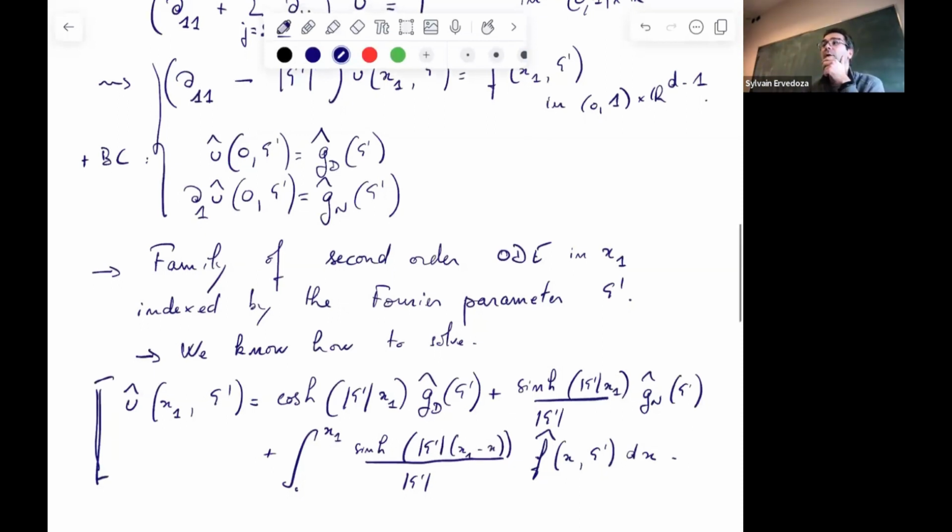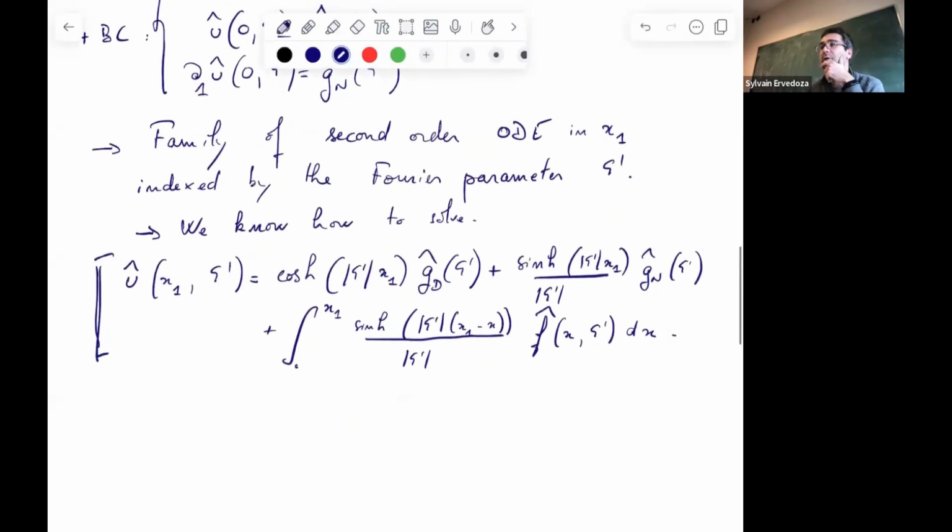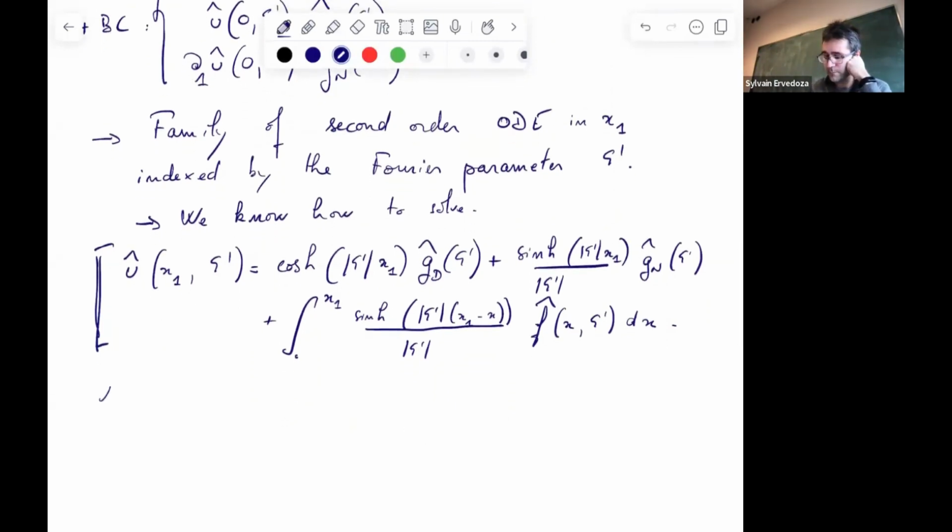Okay. So basically, you see, given f, so given the source term f, let's say that f could be in L2 of the domain, given GD and GN, which will be the boundary conditions.